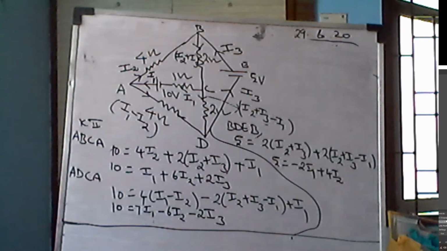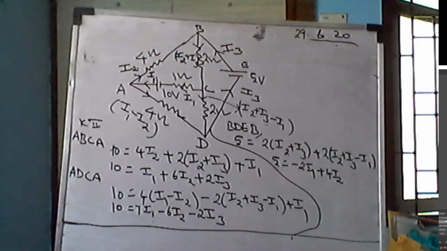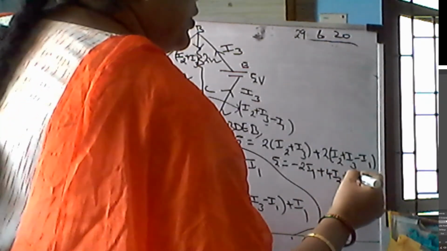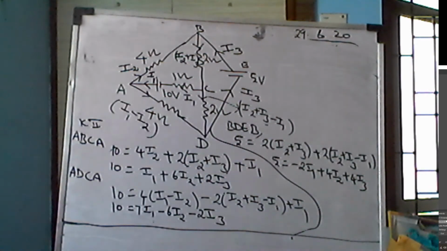Then you can take I3: 2I3 plus 2I3, so plus 4I3. So when you get like this, you are getting 3 equations.